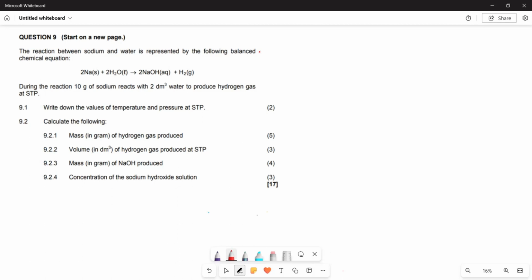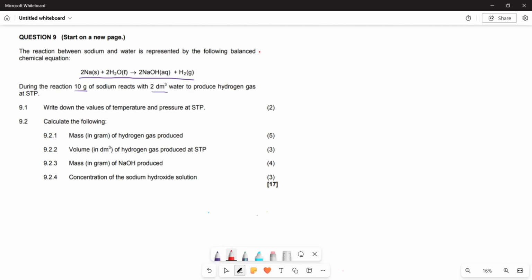So you are given the balanced chemical equation here. During the reaction, 10 grams of sodium reacts with 2 decimeter cubed of water to produce hydrogen gas at STP.